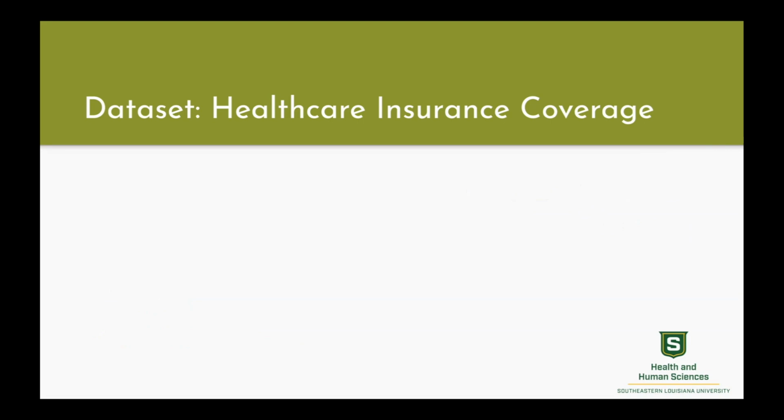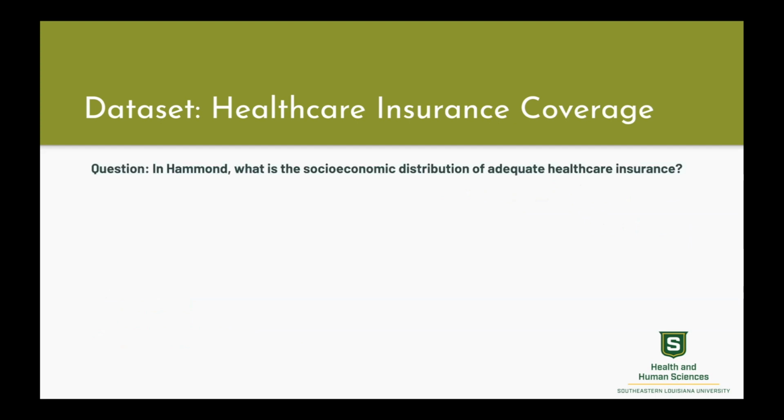Let's say the data set we are trying to create is healthcare insurance coverage. And for this data set, the data that was collected, or in this case, created, came from asking a research question. The research question was, in Hammond, what is the socioeconomic distribution of adequate healthcare insurance?